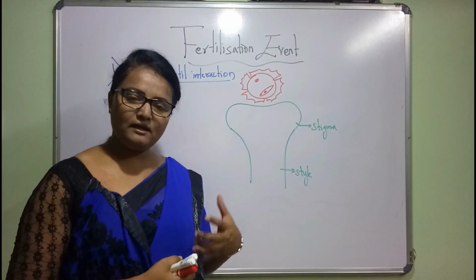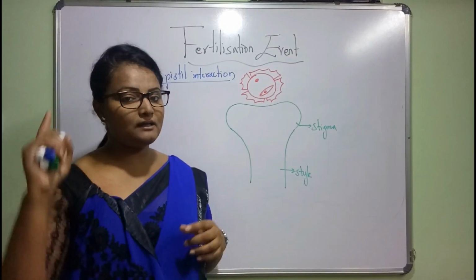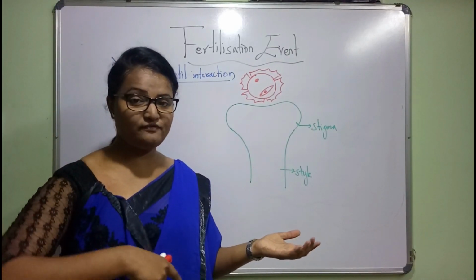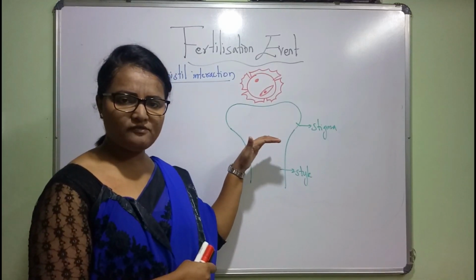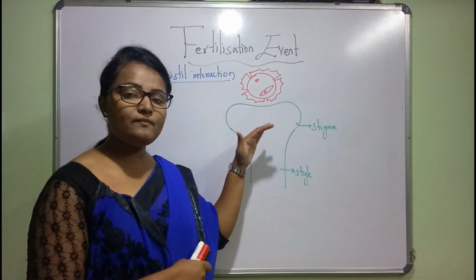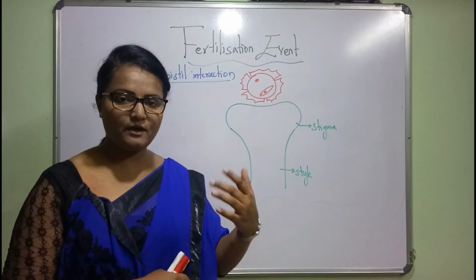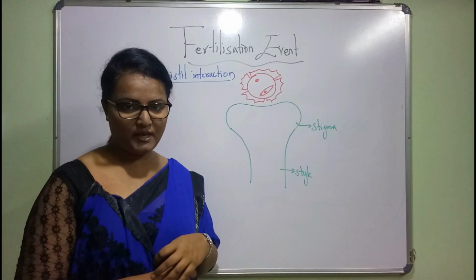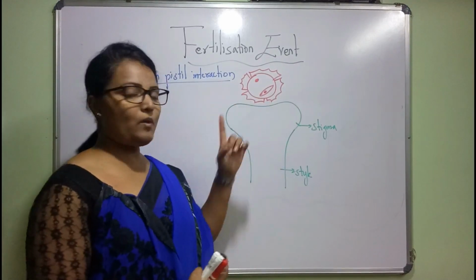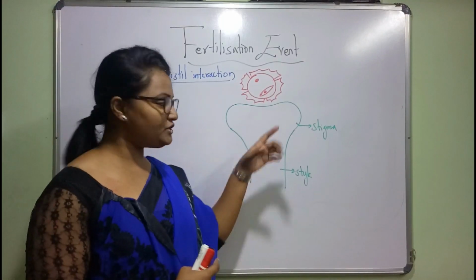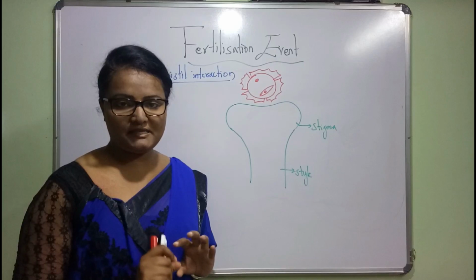So why do they undergo this interaction? Because sometimes pollen grains of a different species will come and land on the surface of stigma. In such a case, we call that an incompatible pollen grain or wrong type of pollen grain. This stigma doesn't allow such pollen grains to germinate on the surface, so they avoid the fertilization.